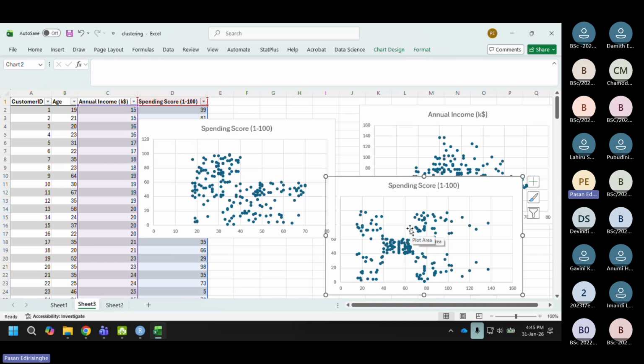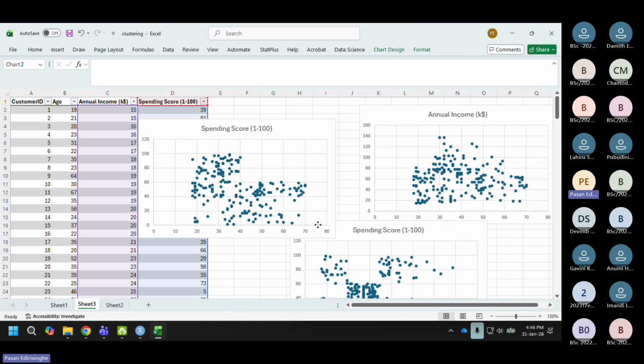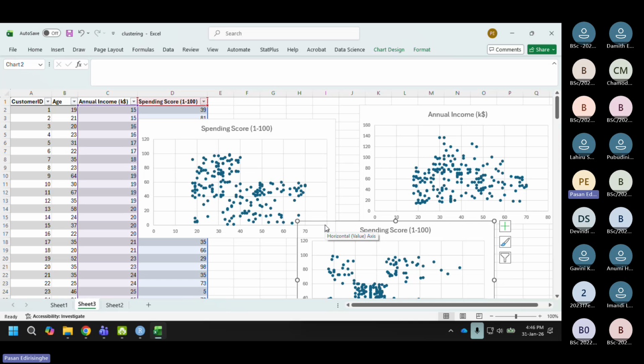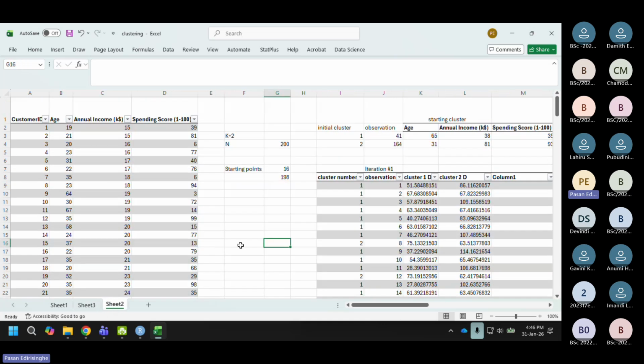So depending on which variable you are selecting, the number of clusters is changing, right? If you can have the three-dimensional plot, that might give you some idea, but it is difficult to visualize, of course, right? So now with that information, we can have our clustering here.